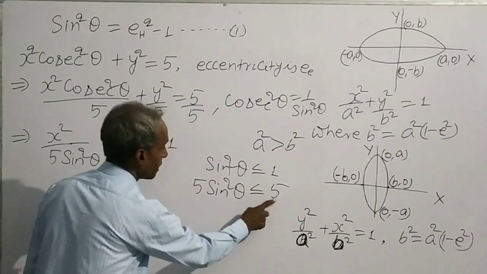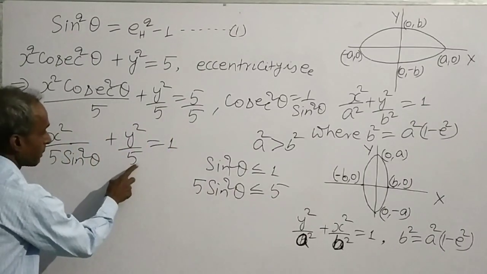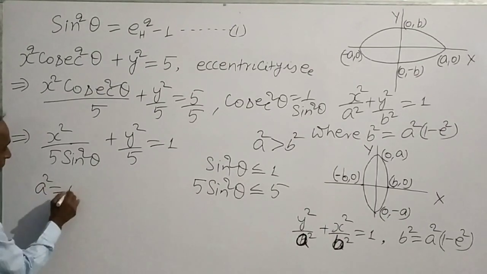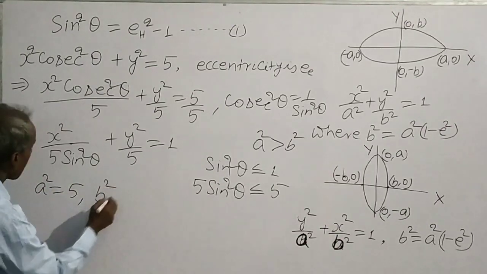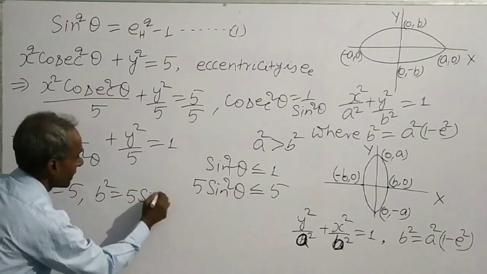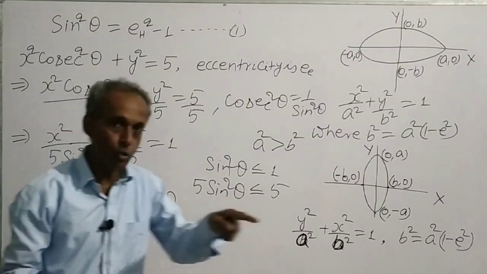Therefore, a square will be 5 and b square will be 5 sin square theta for some value of theta.